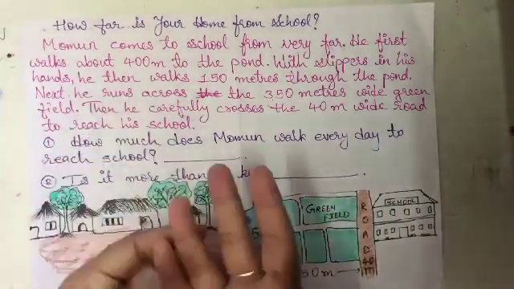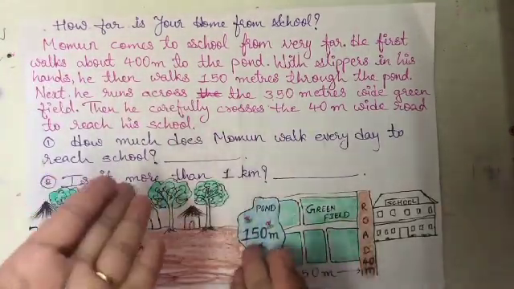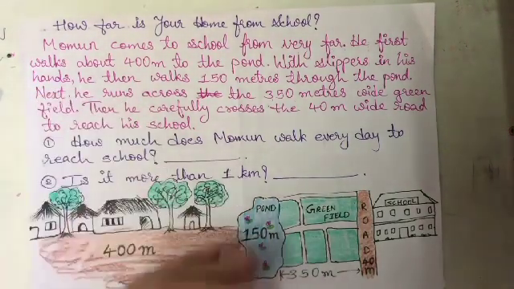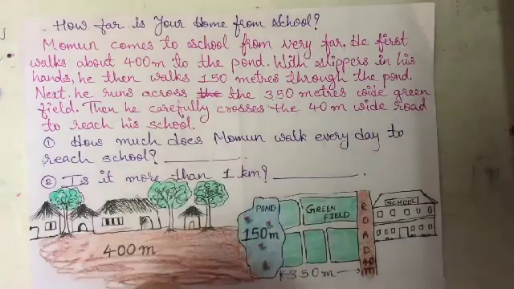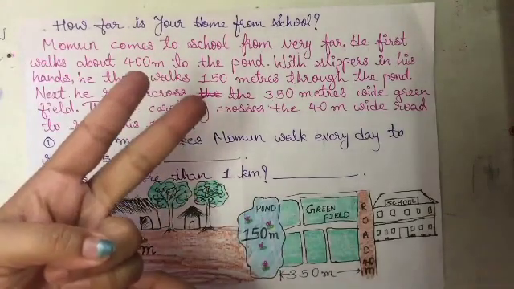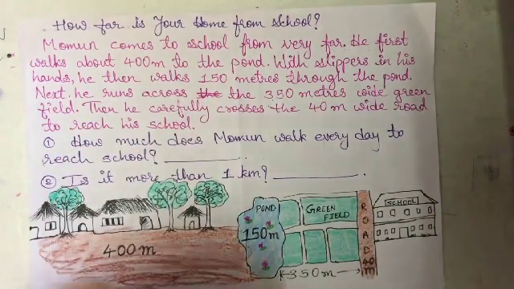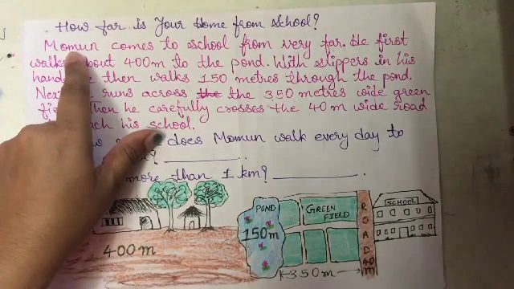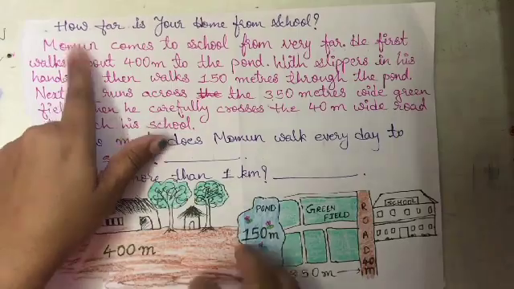So it will be more far compared to this word problem. Our villages are 15 kilometers far from the school. Our villages are 1 kilometer or 2 kilometers far from our school also. But what about Momun? Let's see for him.